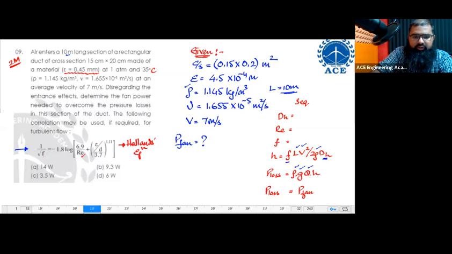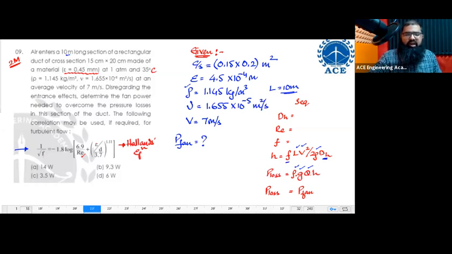Akash has given me 0.01926. Okay, I'll take that as answer if anyone else is also getting the same thing. Someone please confirm. D over here is D hydraulic. See, you are working in a duct, automatically you should know D is D hydraulic. Wherever you see D, you write D hydraulic.